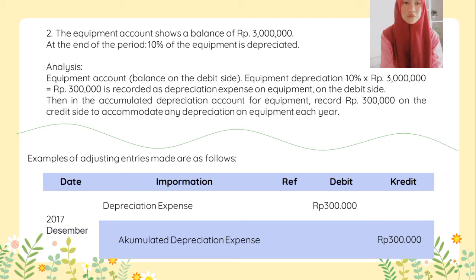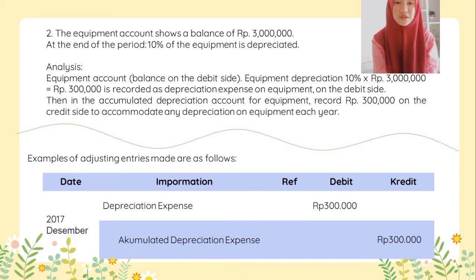Then in the accumulated depreciation account for equipment, record 300 on the credit side to accommodate any depreciation on equipment each year. Example of adjusting entries made are as follows.